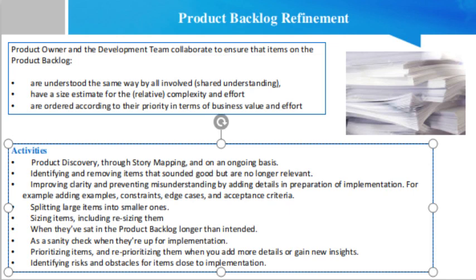In short, backlog refinement is about creating shared understanding on what the product will and won't do, on the effort it will take to implement it, and the order in which you will do that.